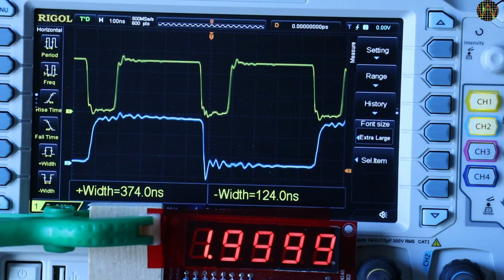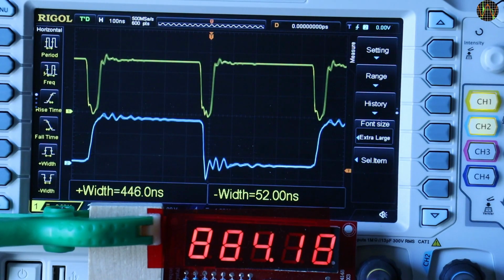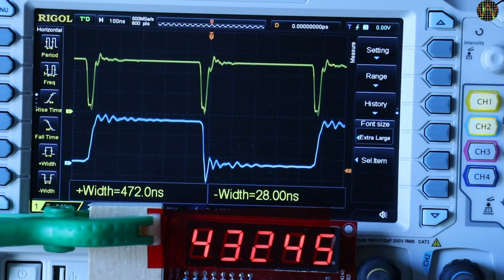At 75% duty cycle, still no problem, but we are getting close. At 80% duty cycle and with 102 nanoseconds low pulse width, the problem appears. Note that the blue trace representing prescaler output is completely unchanged despite the input duty cycle changes. At 95% duty cycle, the counter is completely lost.